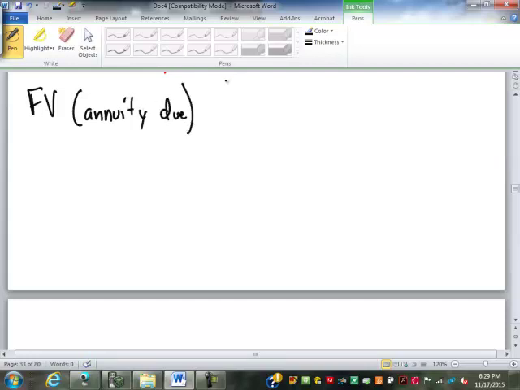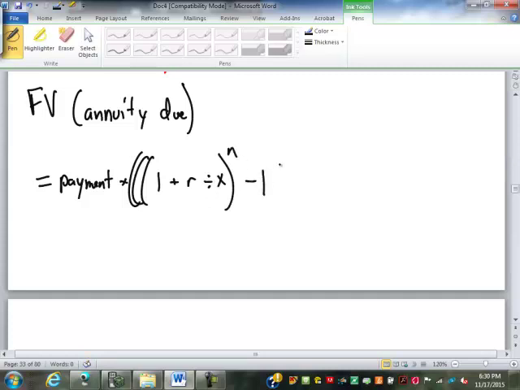So the future value for an annuity due is that same formula we had before: that regular payment times open bracket, 1 plus our rate divided by X, which is the number of periods per year, to the power of our number of periods, minus 1, close, divided by open parentheses, our rate divided by our number of periods per year again, close and close.